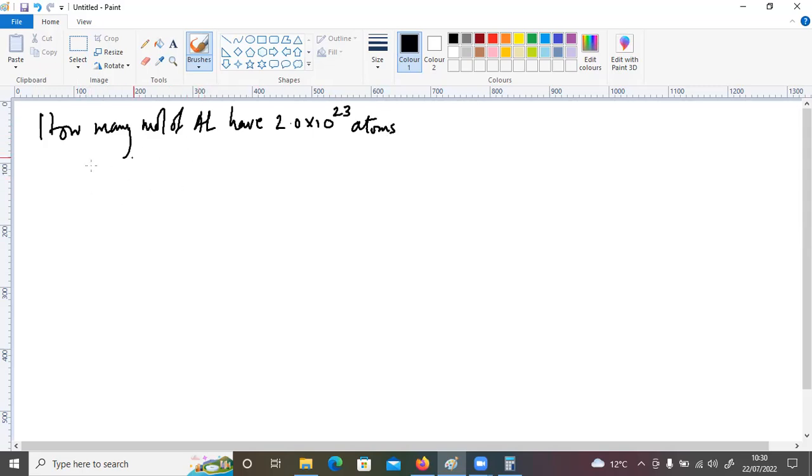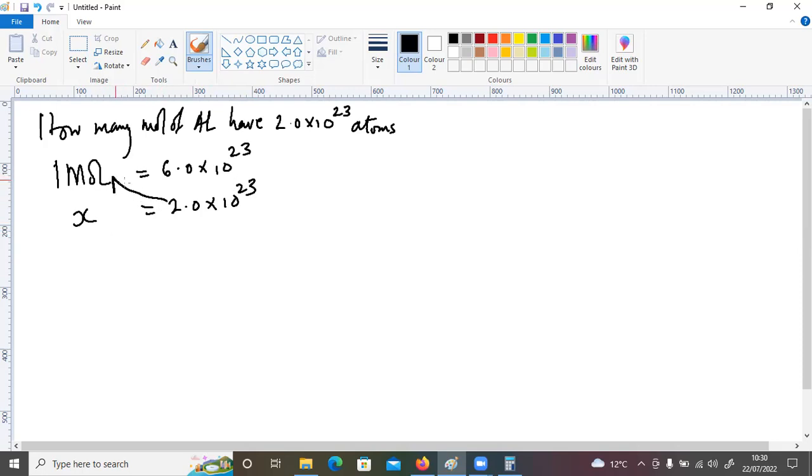Okay, so I'll come here and say, remember what I said, that I know 1 mole of aluminium must contain 6.0 times 10 to power 23 atoms of aluminium. So how many moles contains 2.0 times 10 to power 23?